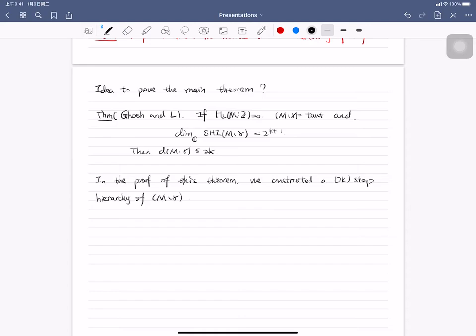Essentially, what I did is to analyze this 2k step decomposition to understand how much the depth can increase for each of the steps.